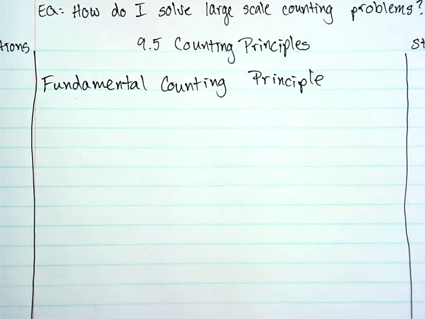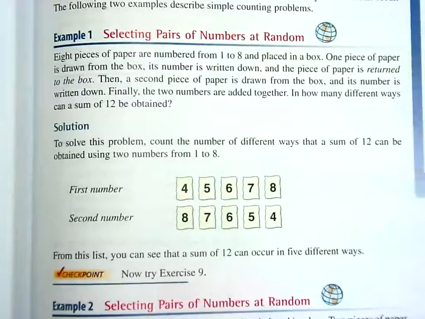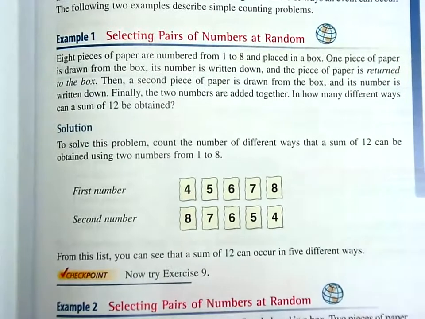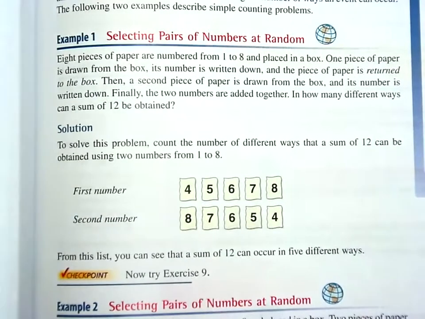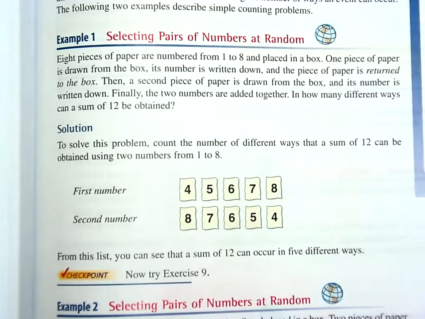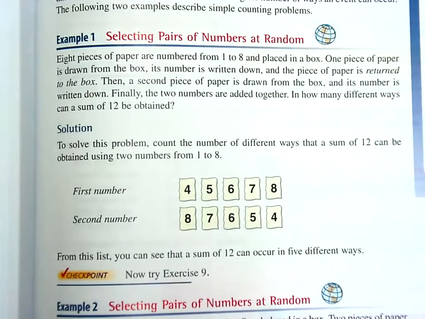So the first one I want to look at, but not have you guys write down, is this example from the book. This situation says that a bunch of pieces of paper numbered from 1 to 8 are put in a box and also put back into the box after you draw it out. You're supposed to get a sum of 12, and they're asking us how many ways could that happen. So based on a couple of arithmetic deductions, we figure out that only these slips of paper would help.